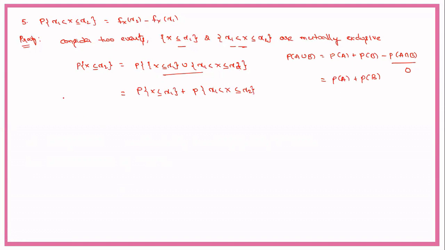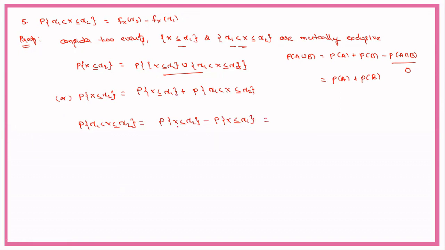Now I'm writing probability of x1 less than x less than or equal to x2 is equal to probability of x less than or equal to x2 minus probability of x less than or equal to x1.